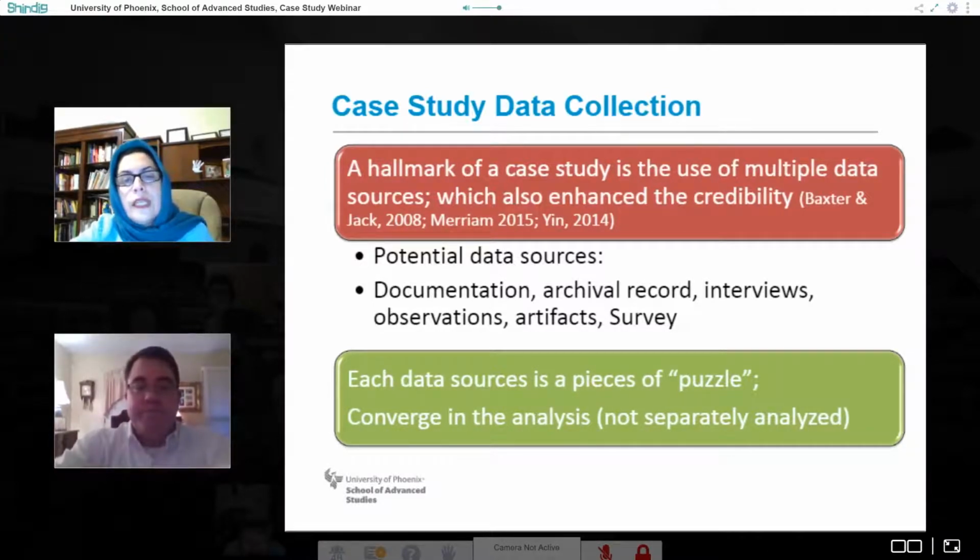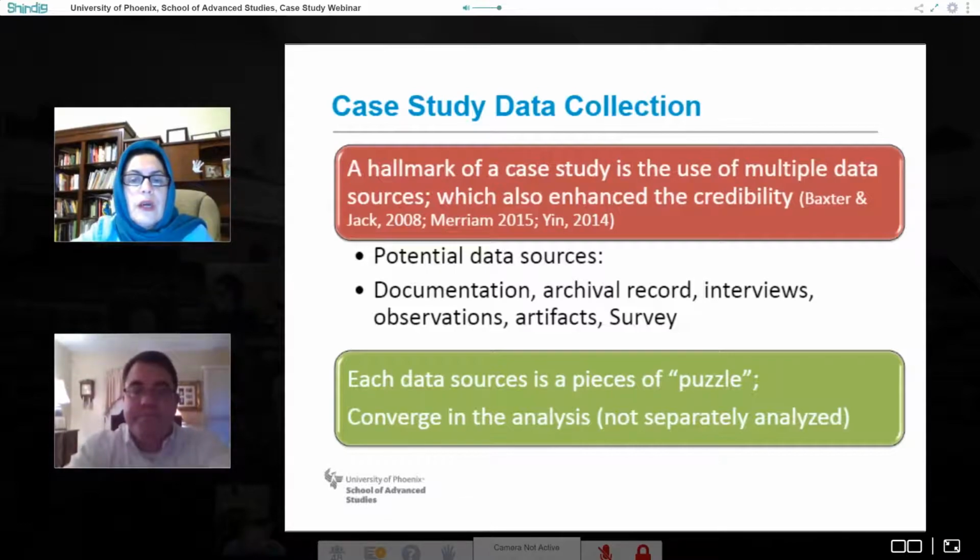Okay, so data collection. As I mentioned earlier, the hallmark of a case study is using multiple data; data from multiple sources really should be collected. If we do that, we enhance the credibility of our study.